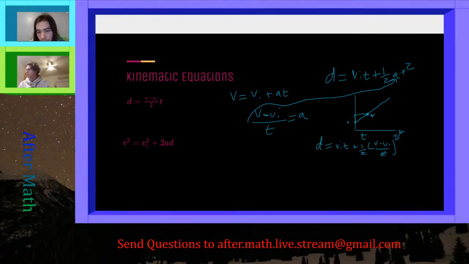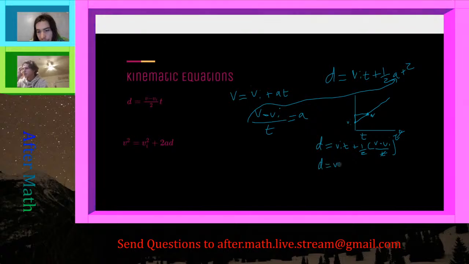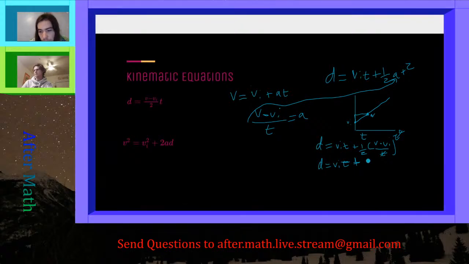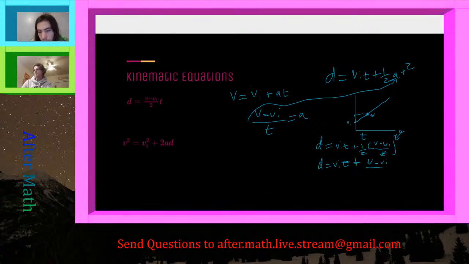So then you get D equals VI T plus, putting the 1/2 as a 2 in the denominator, V minus VI over 2 times T.